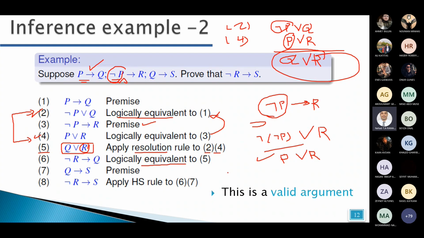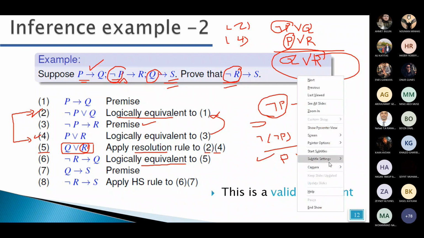From the logical equivalence rule: Q or R gives us not R implies Q. The idea is that we need not R, because R is related with Q, and we need Q to get S. So to get not R from this statement, we need to use the logical equivalence rule.